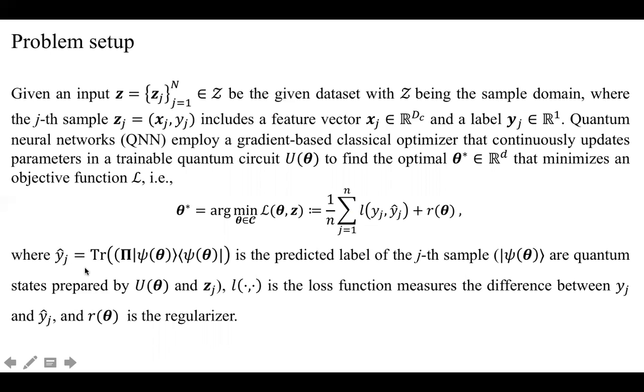As we can see, ŷ_j equals the trace of the multiplication of the measurement operator Π times the mixed state ρ.